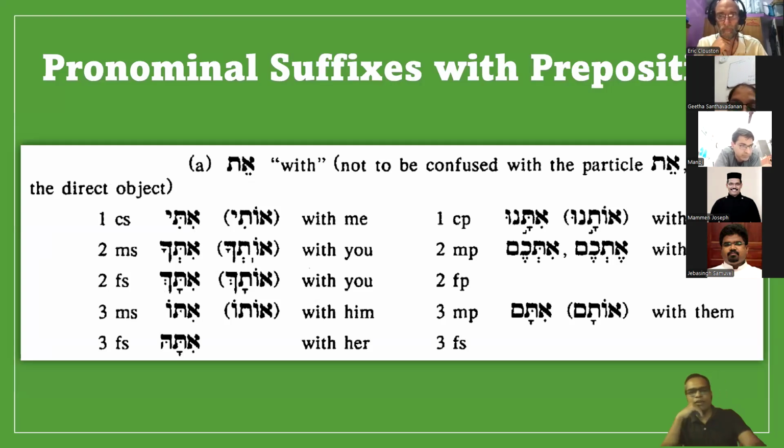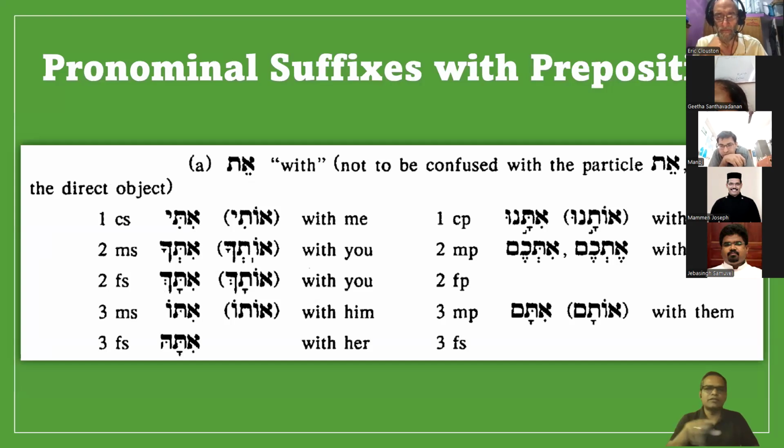But try to grasp what is outside the bracket. The thing which appears inside the bracket is sometimes exceptional. So it will be iti, iteka, itak, ito, ita, itanu, itekem, iten, and itam.